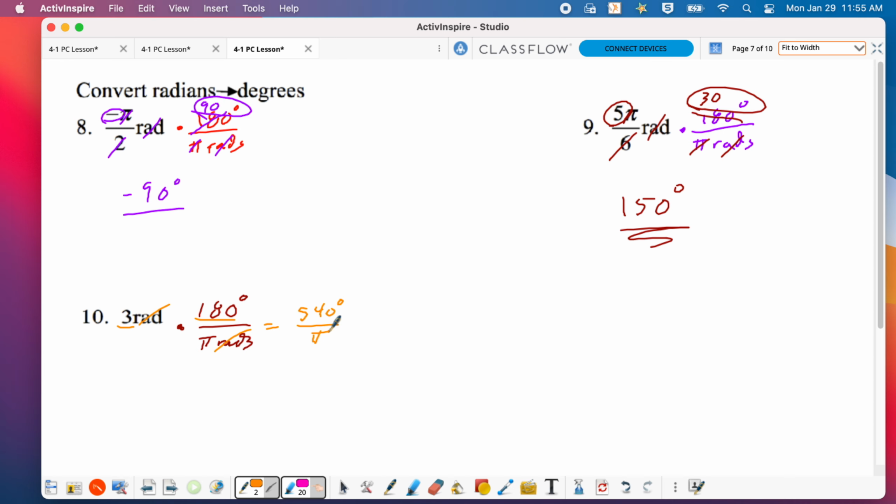Not a pretty answer, but it's an answer. If WebAssign wants a decimal, all we're going to do is go to the calculator. Type 540 divided by pi and get 171.887 degrees. Nothing different, just didn't come out pretty. If they don't want decimals and don't say anything about decimals, give the fraction, but if they tell you how many places, round it accordingly and give the decimal.